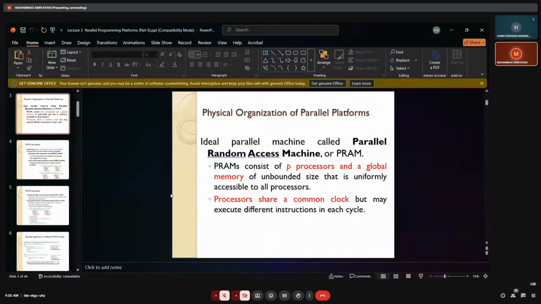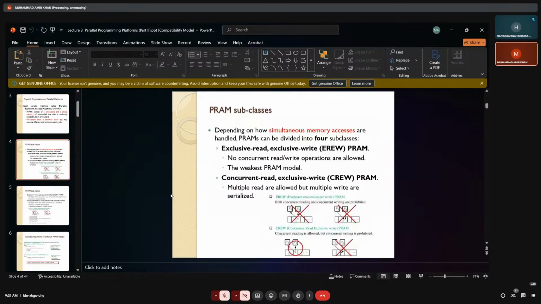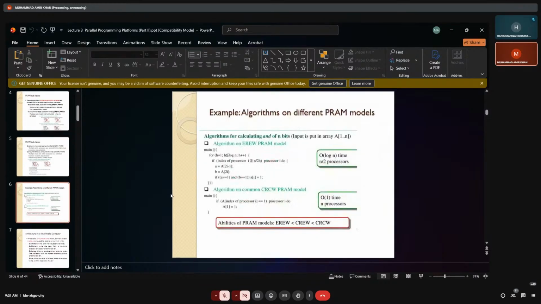So these are the 4 subclasses of PRAM, parallel random access machine, where we have multiple processors but a global memory. This applies to all the models, but definitely for the last one the performance is very high.